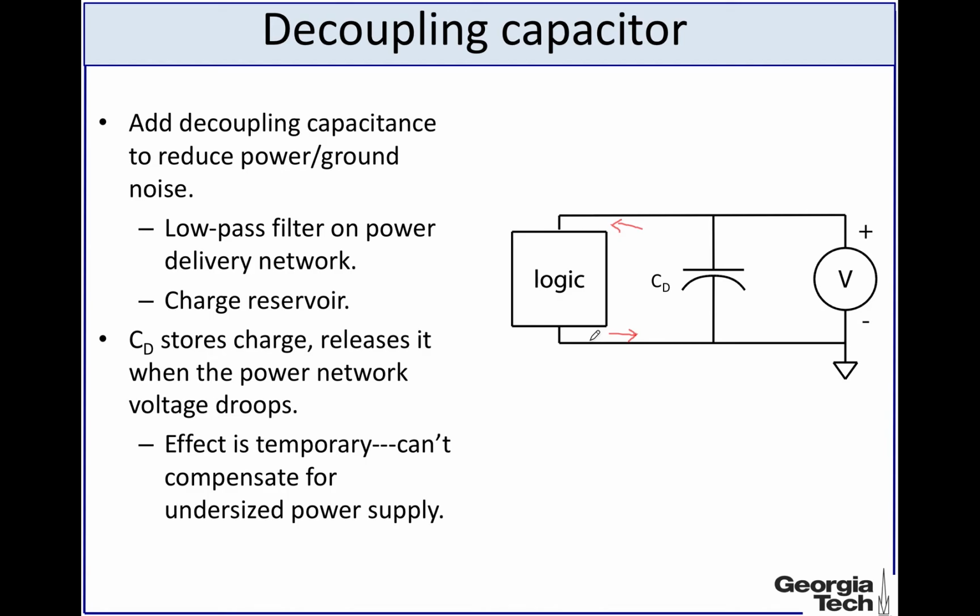The way to nullify or mitigate the effect of this ground bounce is to add a capacitor parallel to the logic block between the ground and the source.